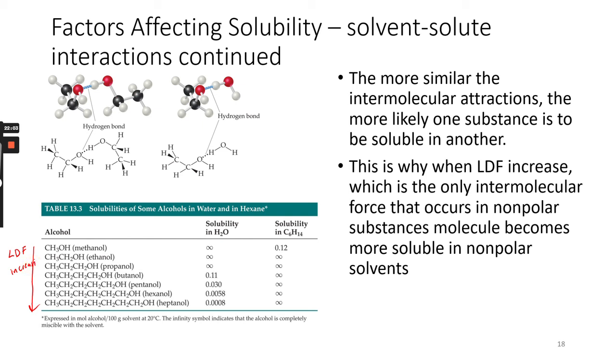And they are not only increasing, but they're going to end up dominating over our hydrogen bonding. And what do you notice about your solubility in water? First of all, it's infinite here, so it is very soluble. But as we go down, our solubility is decreasing. So in water, as London dispersion forces increase, we become less soluble.